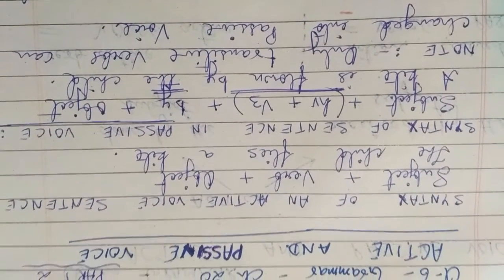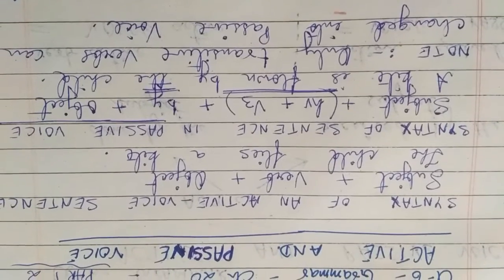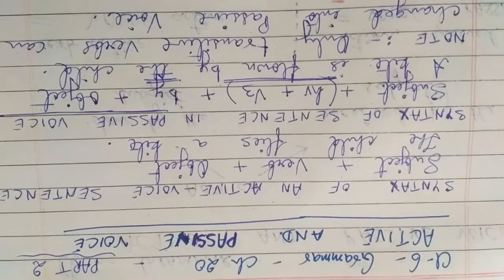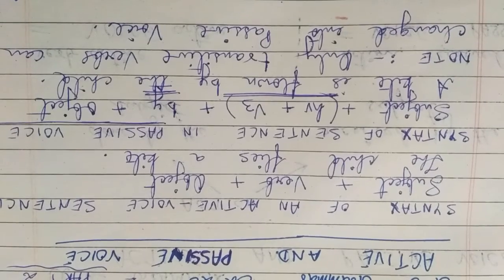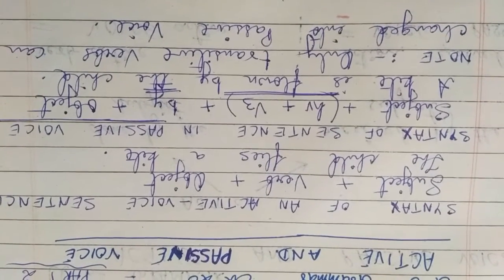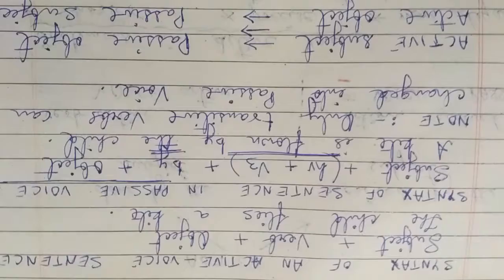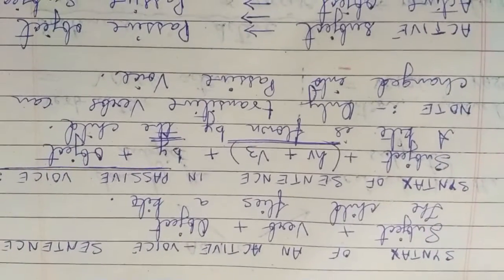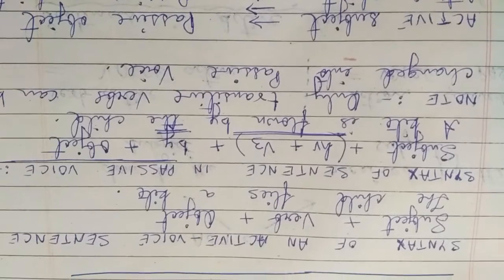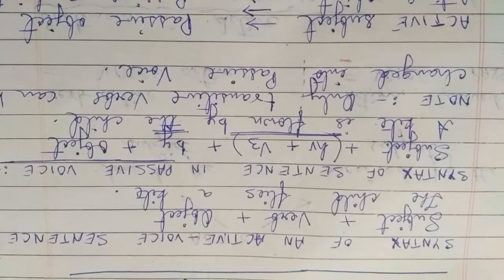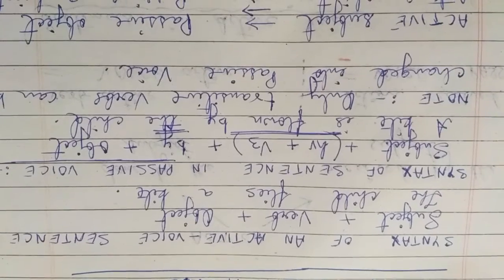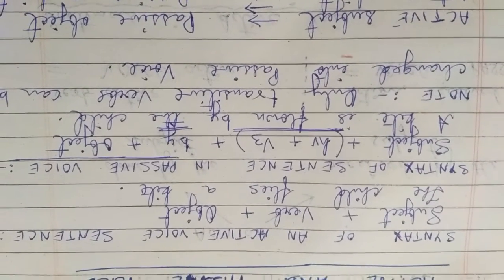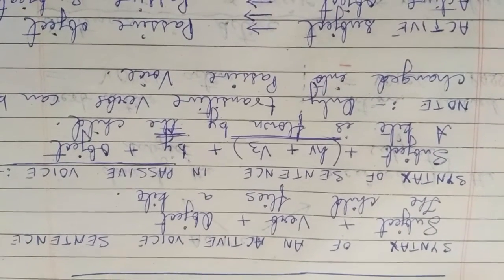And this format can be applied to all the tenses as well as to the kinds of sentences. Interrogative sentence will have a question word in the beginning. Exclamation sentences will have an exclamation word in the beginning along with the corresponding punctuation marks.